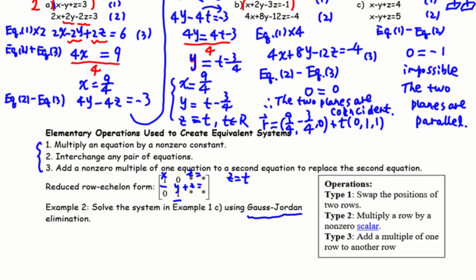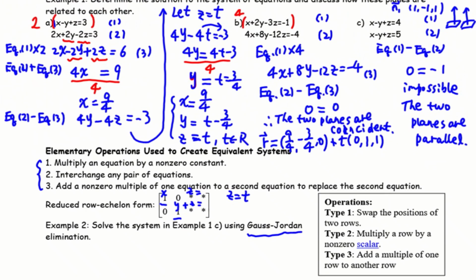So it asks us to repeat this question 1a, the first one. So we are going to copy this to the matrix form. So just get the numbers at front, and we want them to align very well. So the numbers at the front of x, y, z, then this is the constant at the right side.